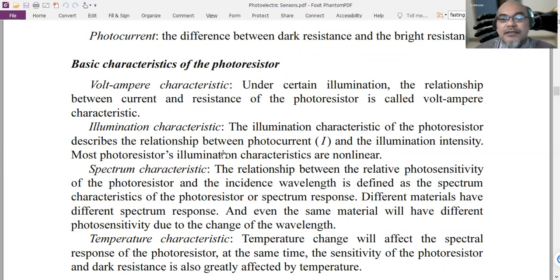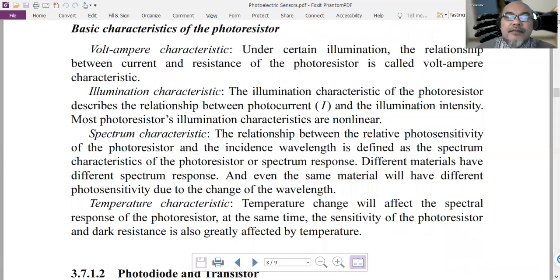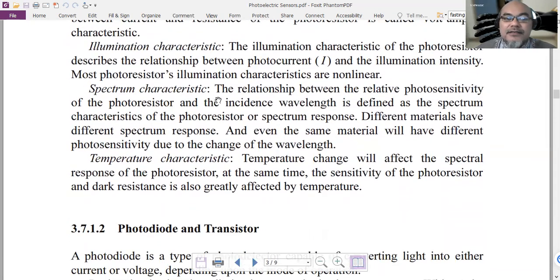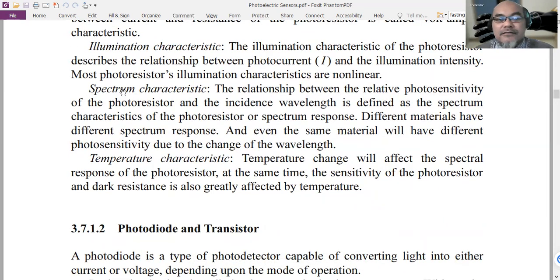Most photoresistors' illumination characteristics are nonlinear. Then the spectrum characteristic. This is the relationship between the relative photosensitivity of the photoresistor and the incident wavelength, defined as the spectrum characteristic or spectrum response.